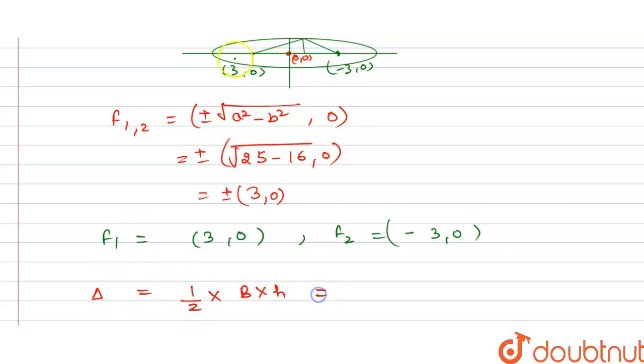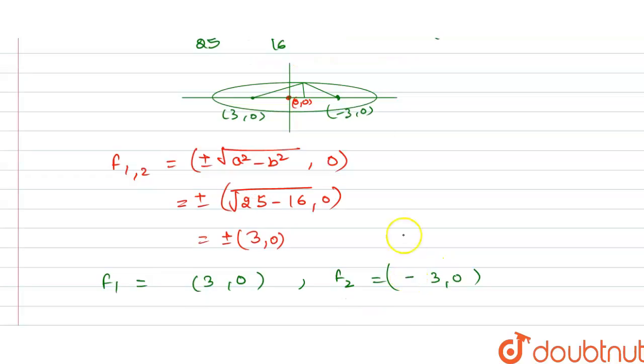The base is from minus 3 to 3, so in total 6 here. Suppose this is the point P, 5 cos theta comma 4 sin theta, so this distance height must be equal to 4 sin theta.